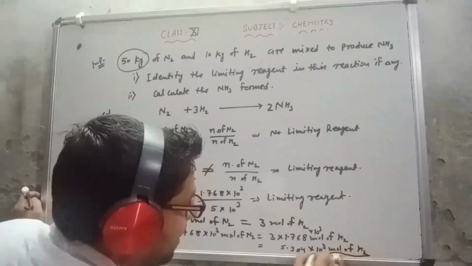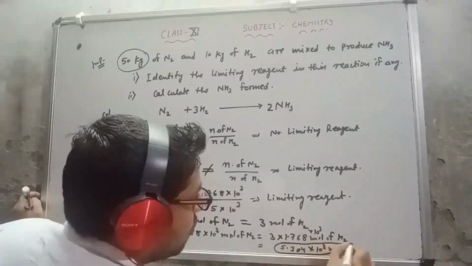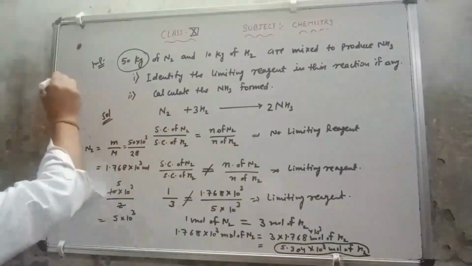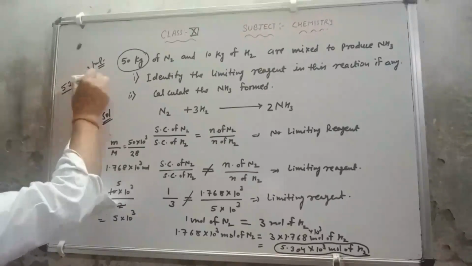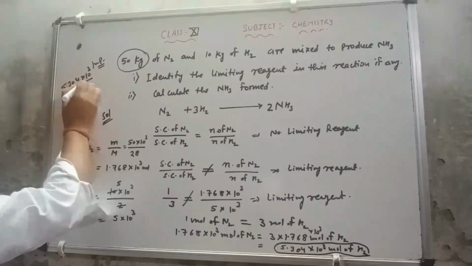That means we need that many moles of H2, we need 5.304 into 10 to the power 3 moles of H2.